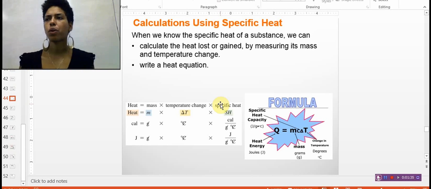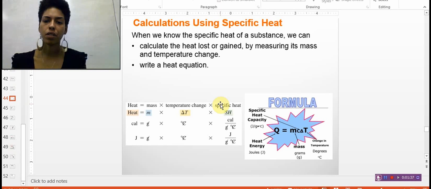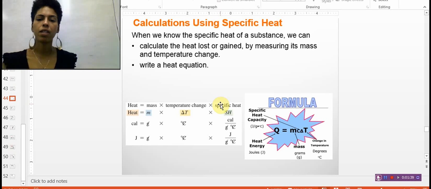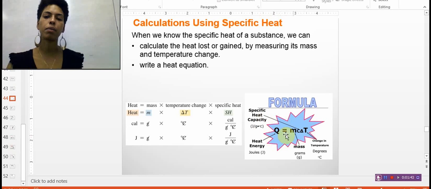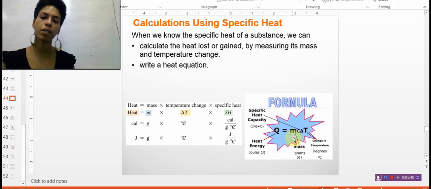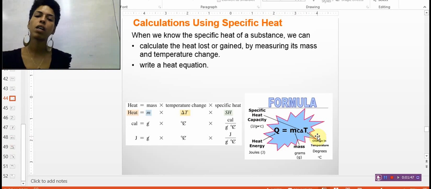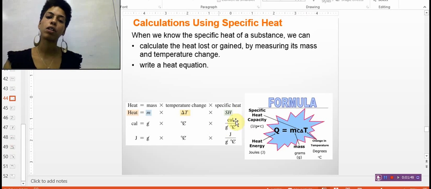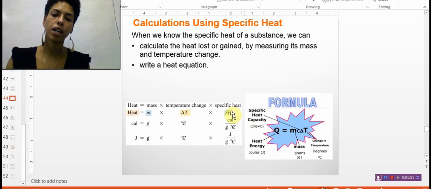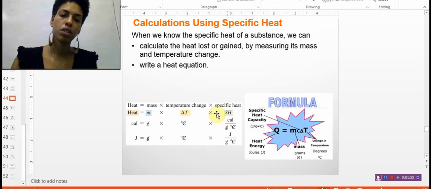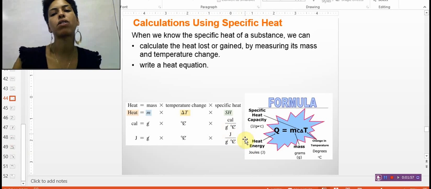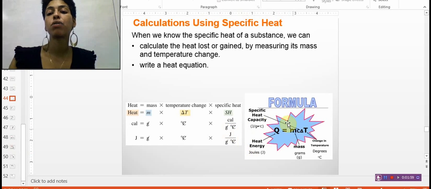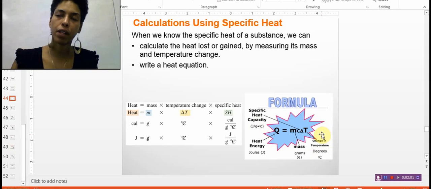When we take a look at this equation, the amount of heat that's either absorbed or released is equal to the mass of that substance times the specific heat times the change in temperature. Our units for specific heat are either calories or joules per gram degree Celsius, okay? Using this equation, we could determine a number of things.